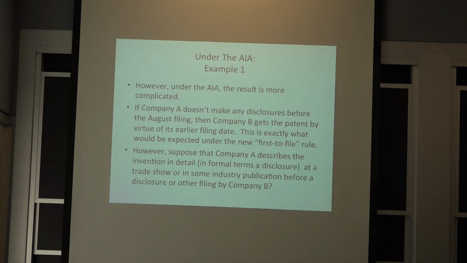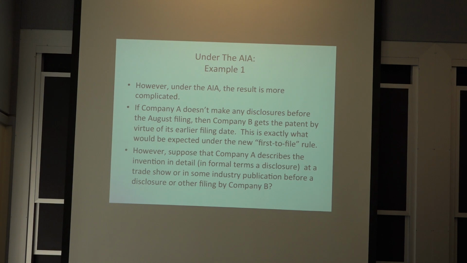But under the AIA, it does get a little bit more complicated. What if Company A doesn't make any disclosures before the August filing? Okay, so August filing is the first disclosure. Then Company B gets the patent by virtue of its earlier filing date.